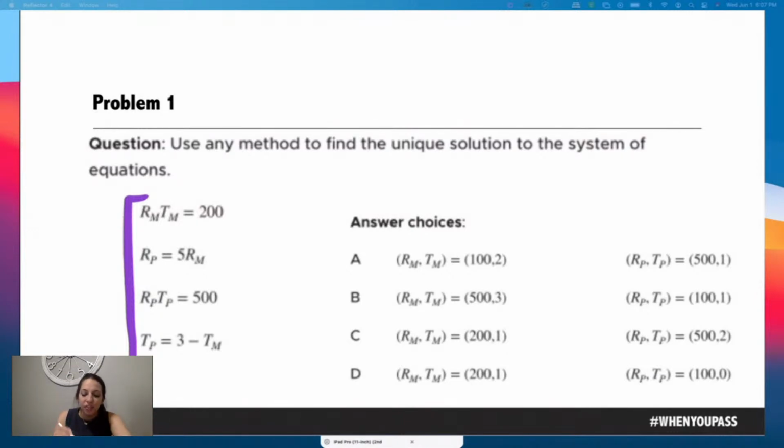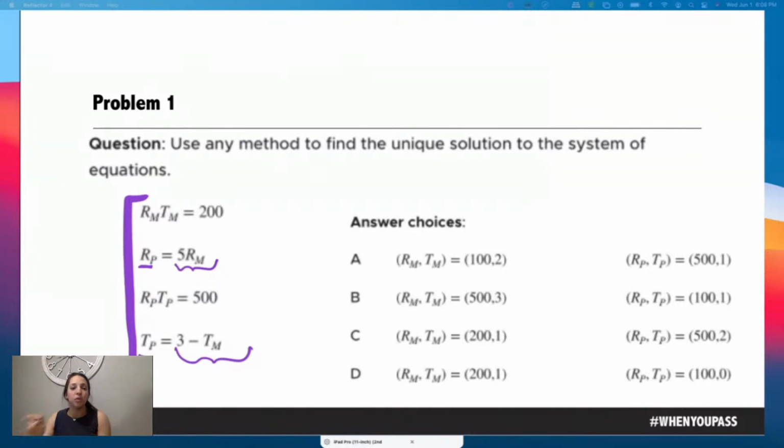So this is definitely a substitution problem in my head. So I'm going to sit here and look and see what can I substitute. I see that I have RP equals this, and I see that I have TP equals this. So I'm going to try to figure out what I can substitute.